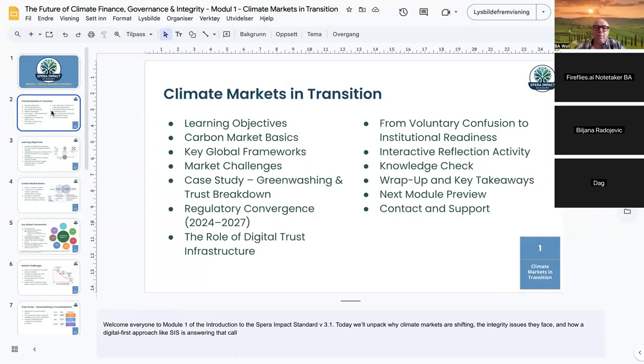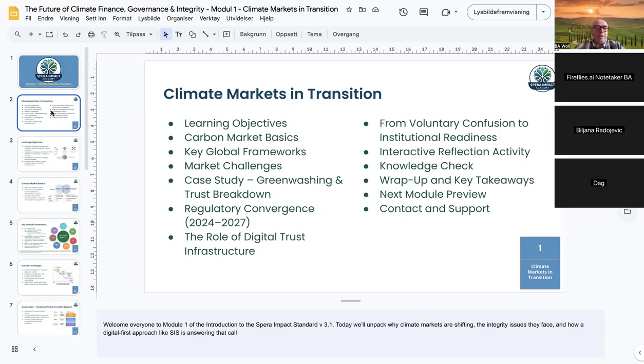So the first module is to set the stage for where we're at with the climate markets. These are markets in transition for sure. I will go through the learning objectives, then some basics, then some key global frameworks, some challenges in the market. We'll look at greenwashing and trust breakdowns with some case studies.